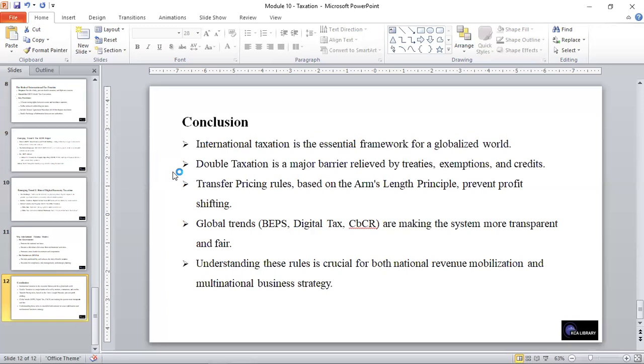And we looked at the global trends, BEPS and digital taxation, which are making the system more transparent and fair. Understanding these rules is crucial for both national revenue mobilization and multinational business strategies.